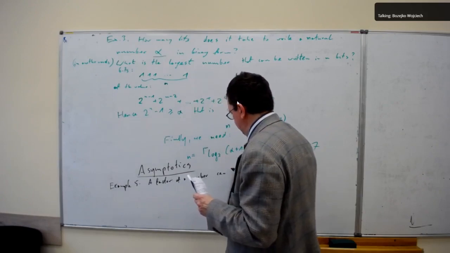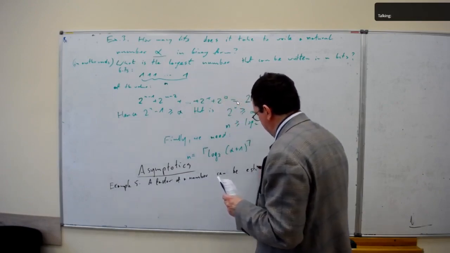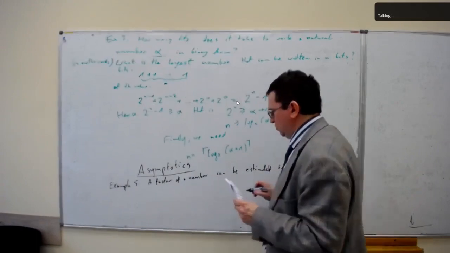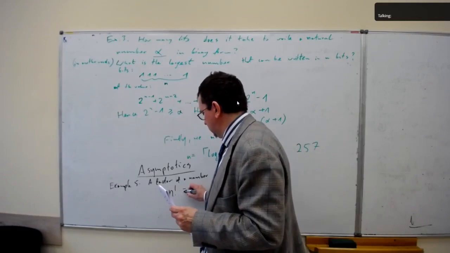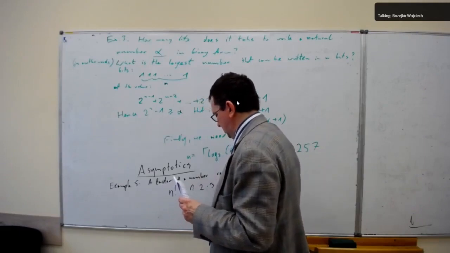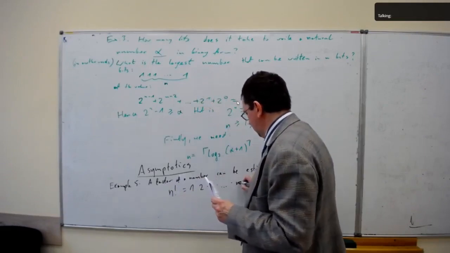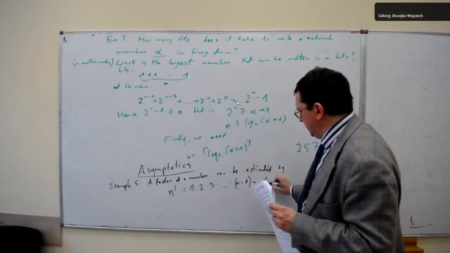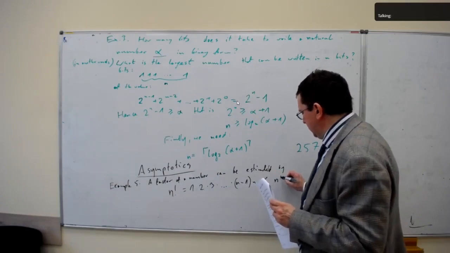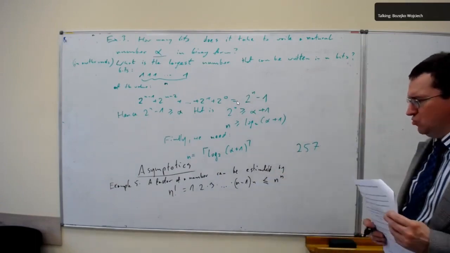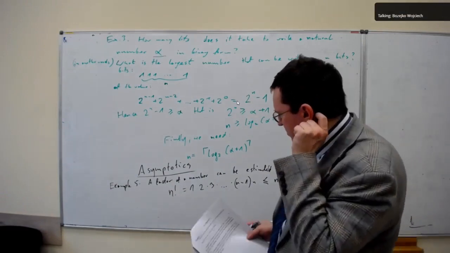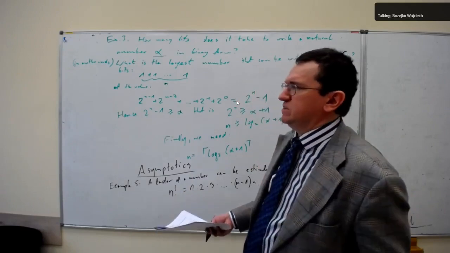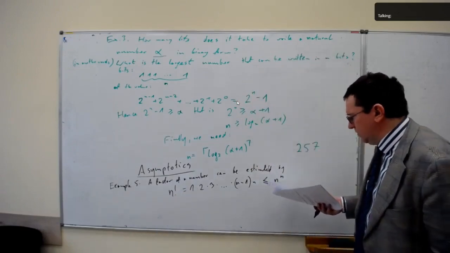So we have n factorial as 1 times 2 times 3 and so on, times n minus 1 times n. It can be easily estimated, approximated by n to the power of n. And truly, this function grows very fast, and its behavior is very similar to the behavior of the function n to the power of n.